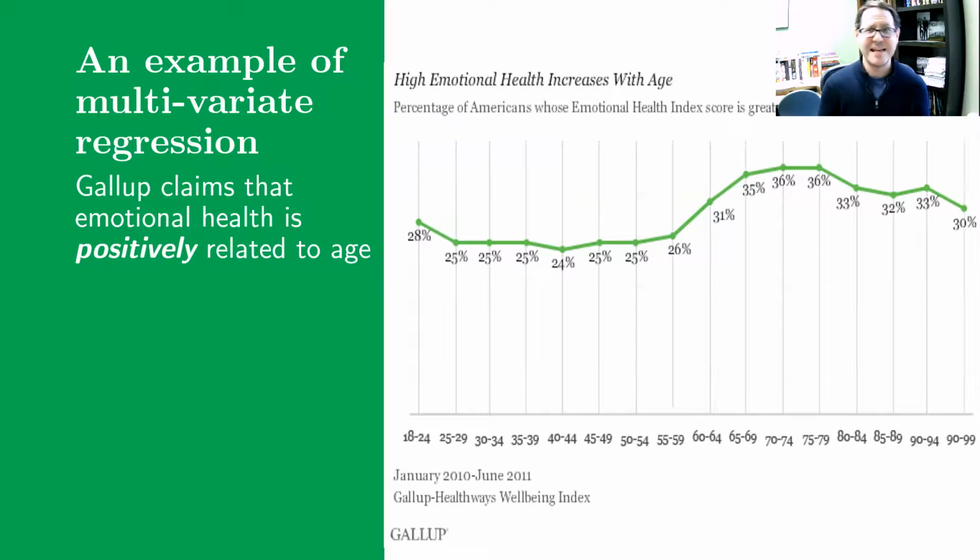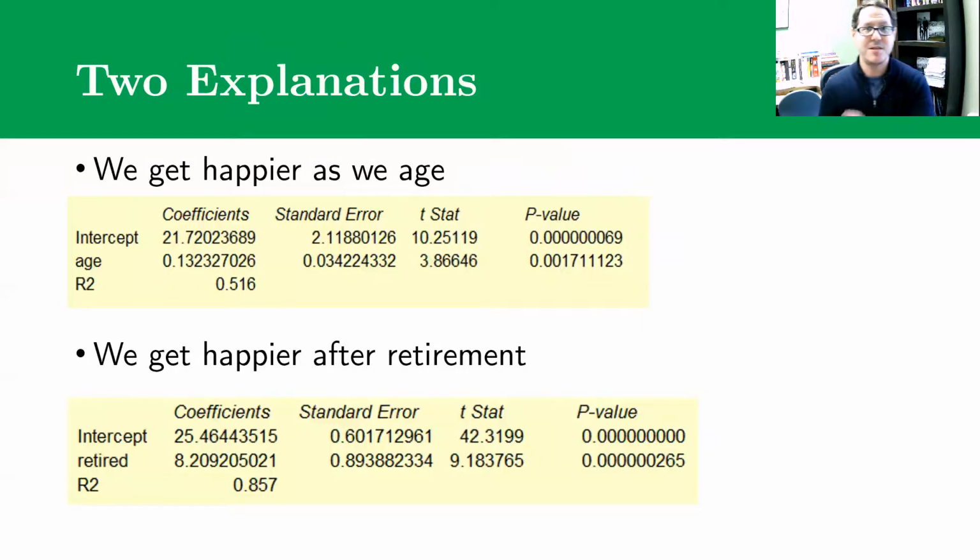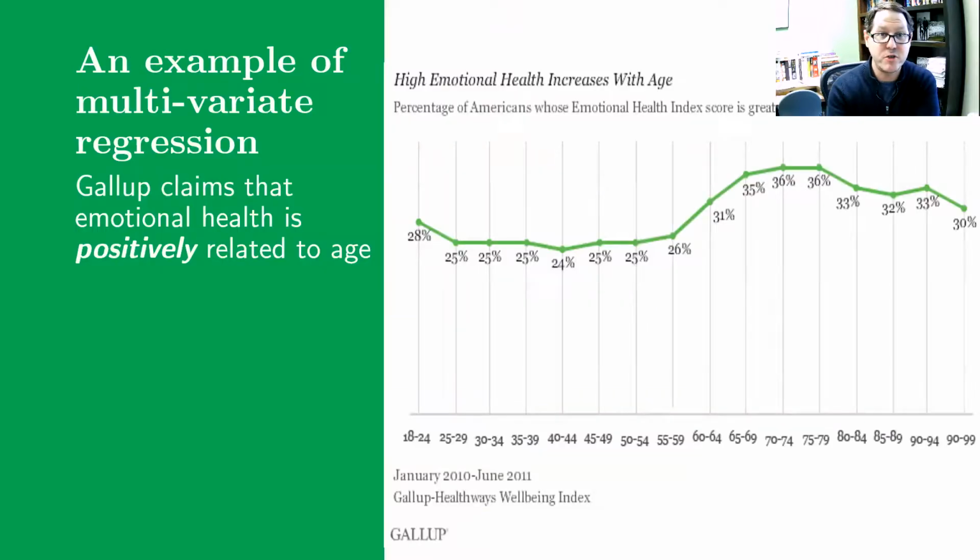I looked at that and said, well, maybe I could see it. And sure enough, I ran a regression, the top one, in which I took the values that they had and plugged in the age categories, just the first year of those age categories, to see what it looks like. If I look at those coefficients, I have an intercept of 21.7, which is about where it would cross the y-axis.